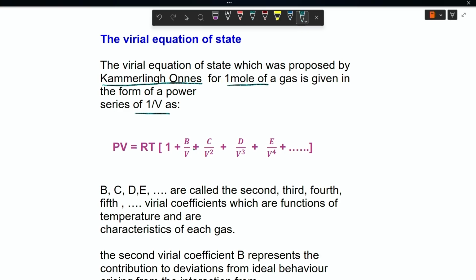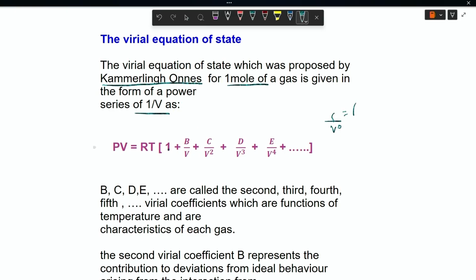See the powers of V. In the first case it is 1 by V raised to 0, and therefore that becomes 1. The second one is B by V, then C by V square, D by V cube, and E by V to the power 4, and so on.